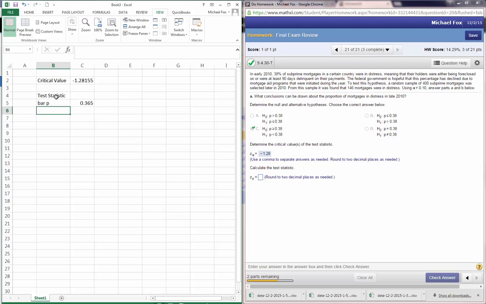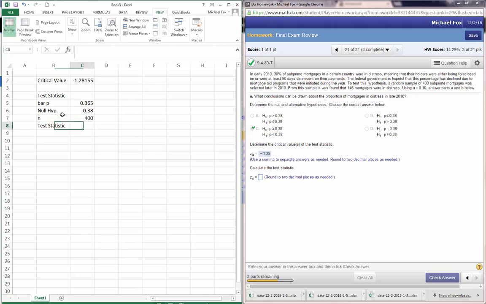That gives us the proportion, or 0.365. We're also going to find the proportion from the null hypothesis, which is given to us as 0.38. And our N, which is given to us, that's the number of data points. Whoops, we want N, which is 400.